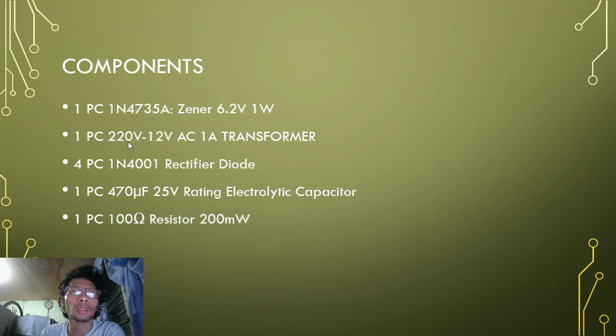Then one piece of 220 volts to 12 volts step down AC transformer with a current rating of 1 ampere, and 4 pieces of 1N4001 rectifier diode with a 0.7 volts breakdown voltage, and one piece of 470 microfarads, 25 volts electrolytic capacitor, and one piece of 100 ohm resistor with a power rating of 200 milliwatts.